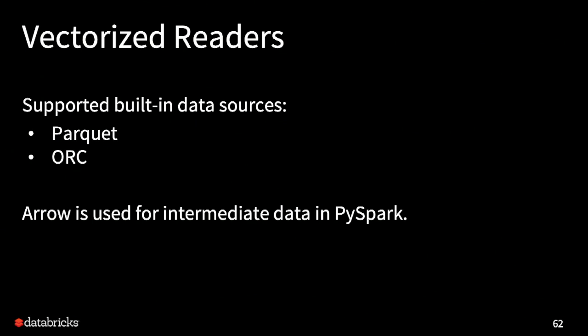One of the things with Pandas UDF, which is not directly related to Arrow, is that in Pandas UDF you're working on data frames or a series. You're not working on individual rows per se, right?